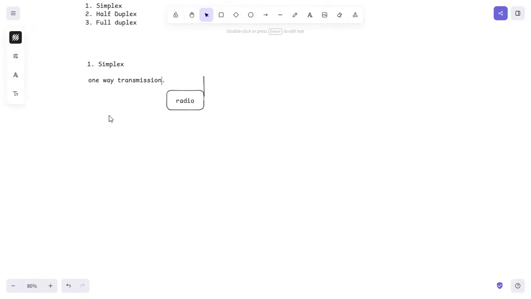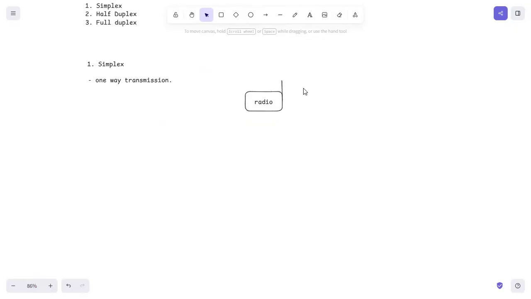You can only listen, you can't do anything else. Radio is the perfect example of simplex mode of transmission. Simplex means you only receive. You cannot send any messages in the other direction. Understood? You can listen or receive whatever you are able to receive from the radio.